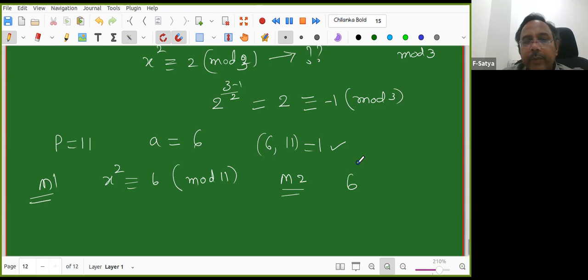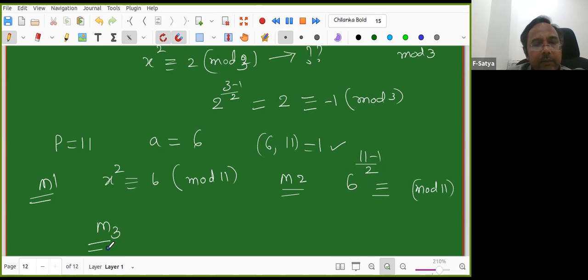I have to check what 6 power (11 minus 1) by 2 is congruent to modulo 11, and we know that this is going to be plus 1 or minus 1 only. Method 3 is Gauss lemma. What does Gauss lemma say?